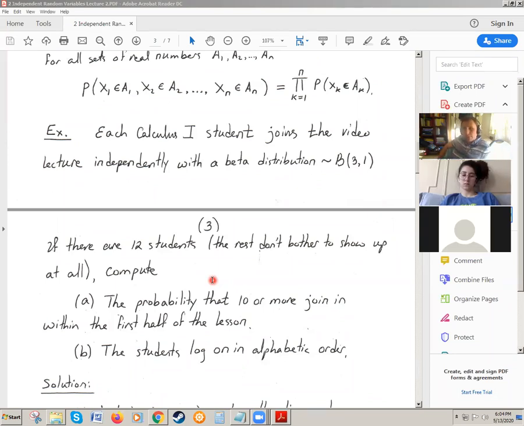Well, for B, I would like to have some sort of representation for it, but for A, it's enough to put it in some sort of form.